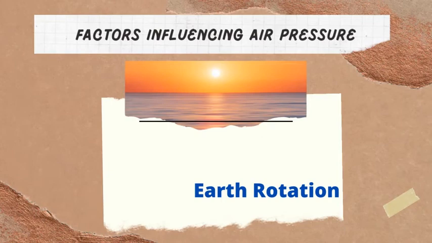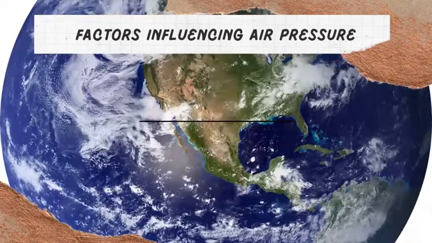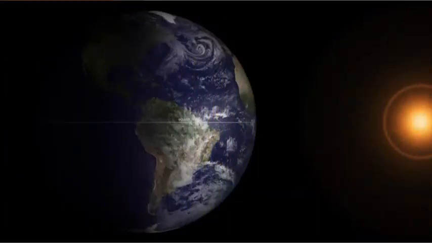4. We have the rotation of the earth. Like we said in SS1, rotation and revolution make up the movement of the earth. Rotation is when the earth moves on its own axis once in every 24 hours.